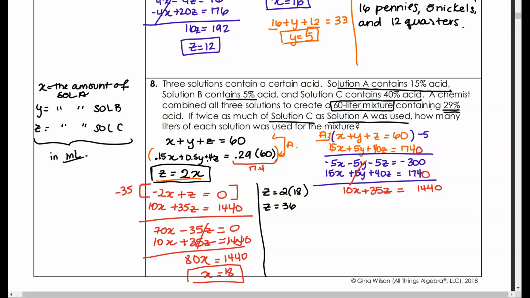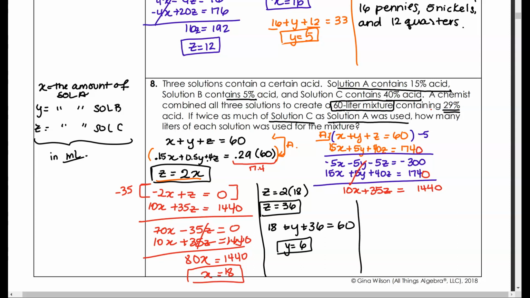Let's pick that first equation. So we're going to end up with 18 plus Y plus 36 equals 60. 60 minus 18 minus 36 gives us Y equals 6.